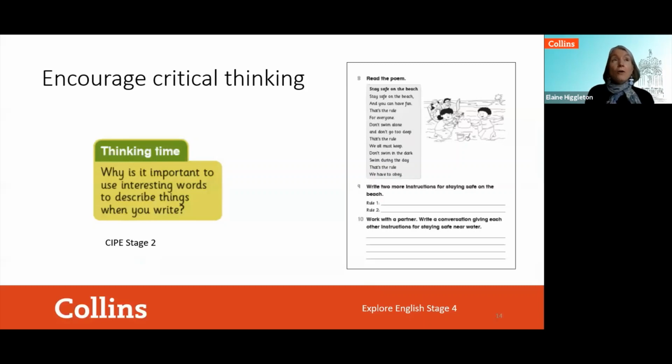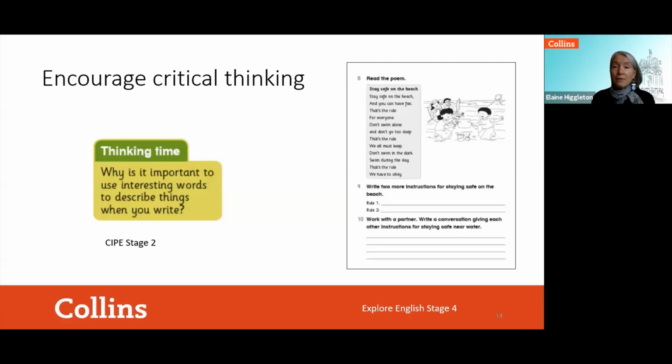The courses offer opportunities to encourage students to develop critical thinking skills. The green example, Thinking Time, is again from Collins International Primary English. This is from a unit on adjectives that gives students adjectives to learn and gives students opportunities to develop a broader vocabulary range so they have more adjectives to use when they are doing some writing.